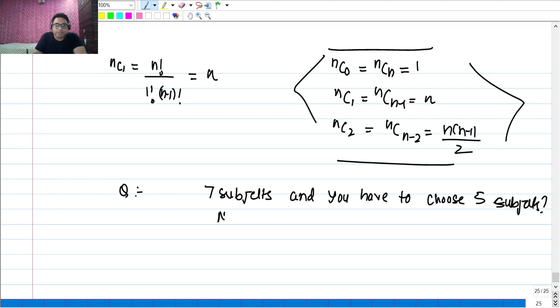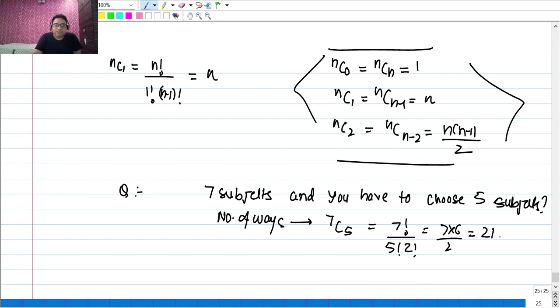So number of ways, you have got 7 subjects and you have to choose any 5. It would be 7C5, isn't it? So out of 7 you choose, yes, 7C5, so you can answer it as 7 factorial upon 5 factorial 2 factorial, 7 into 6 by 2, 21 ways. Not at all an issue.